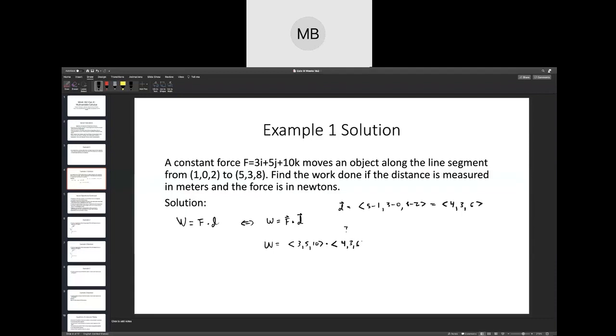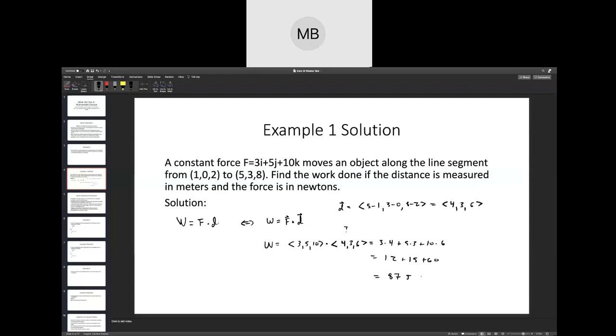Remember, the dot product is always going to be some kind of scalar that comes out of here, rational or irrational. But we take the dot product, so let's do that. 3 times 4 plus 5 times 3 plus 10 times 6, that's the dot product. So you get 12 plus 15 plus 60. So we have 87.